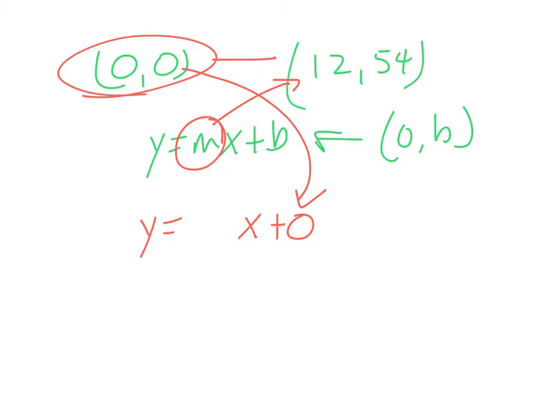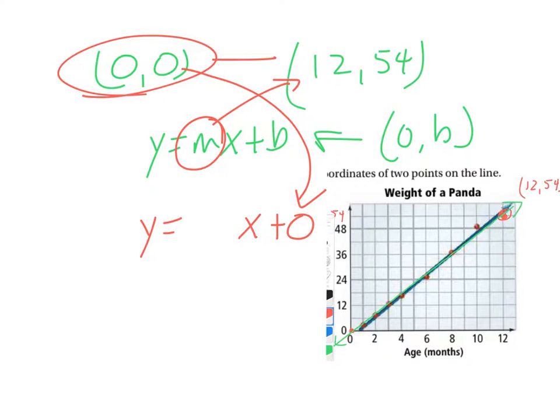Let me bring that back in here real quick so we can actually count that slope. Now again, if you wanted to use the formula, m equals y2 minus y1 over x2 minus x1, you can, or you can count the slope in this case, and that's what I'm going to do. Remember, changing y, so we go up from 0 to 54. That's 54.